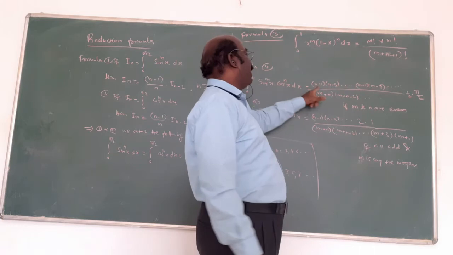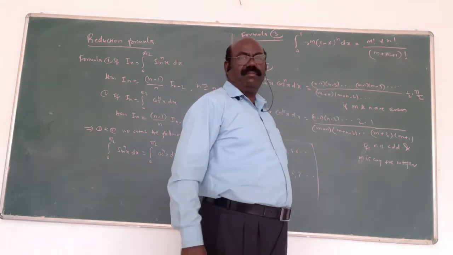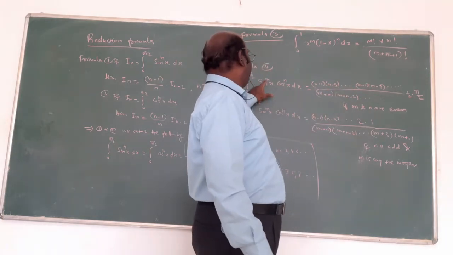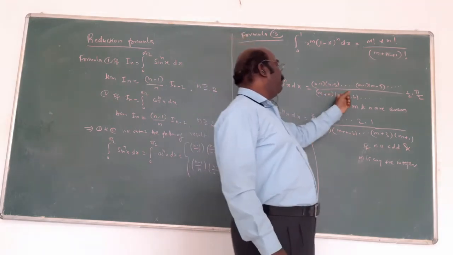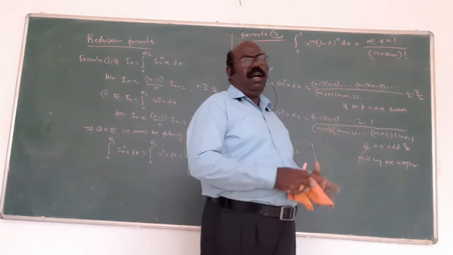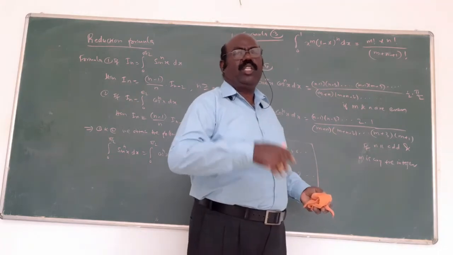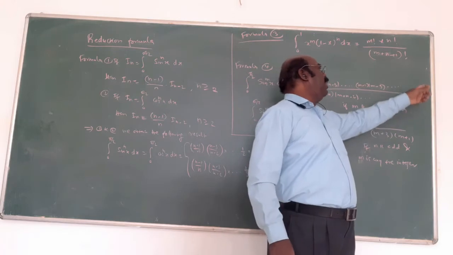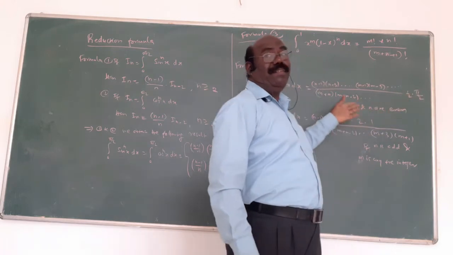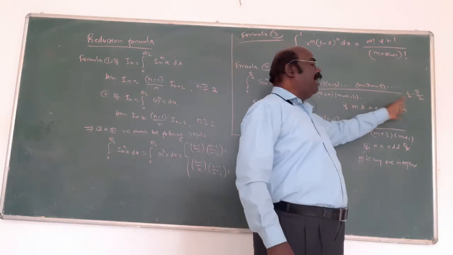Now n is the same, n minus 1, n minus 3 and so on. Here the denominator is what? Start with m plus n, then m plus n minus 1. Here also adding together, then reduced by 2, reduced by 3, and so on. The last number 1 by 2 will come in, put 5 by 2 because it is even. n and m are even.